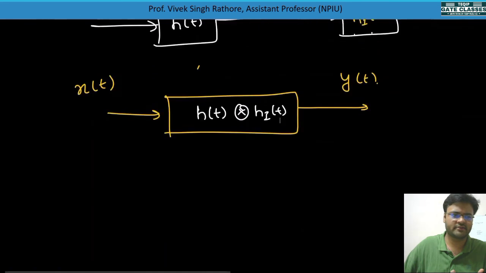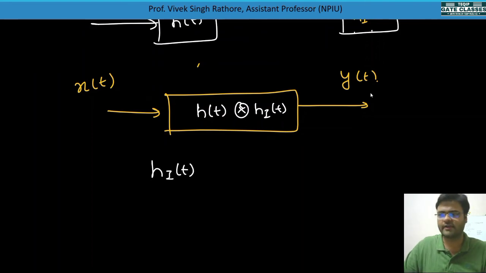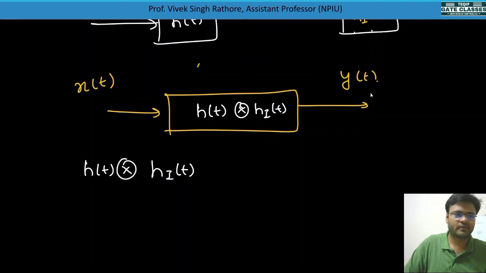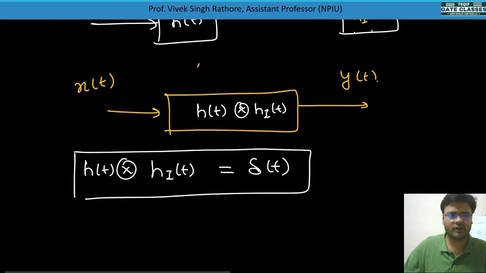If h inverse of t when convolved with h of t gives output as delta t, then you can say that the inverse system is possible, and this is your invertible system.